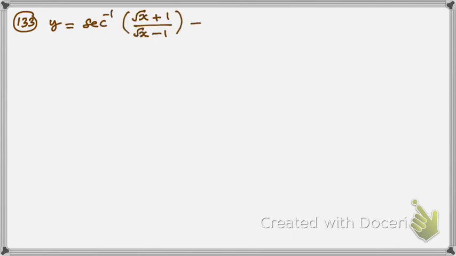Looking at this question now, y is equal to sec inverse of (root x plus 1 by root x minus 1) plus sin inverse of (root x minus 1 by root x plus 1). This is a 2 marks kind of a question. I have a sec inverse of a by b. We know that sec inverse of a by b is the same as cos inverse of b by a.